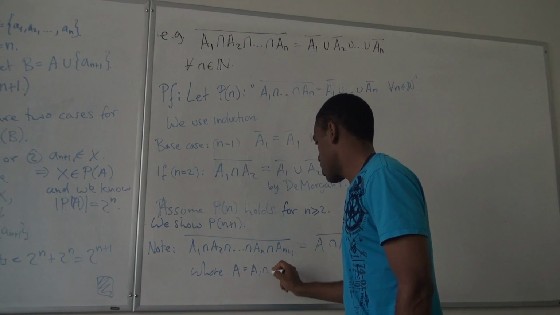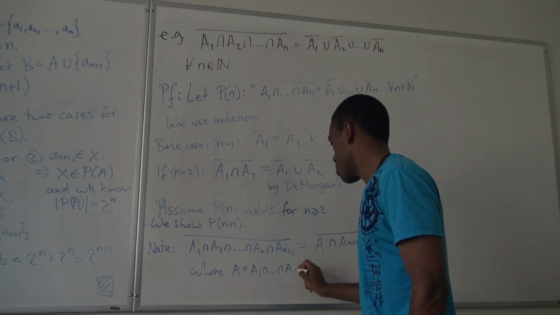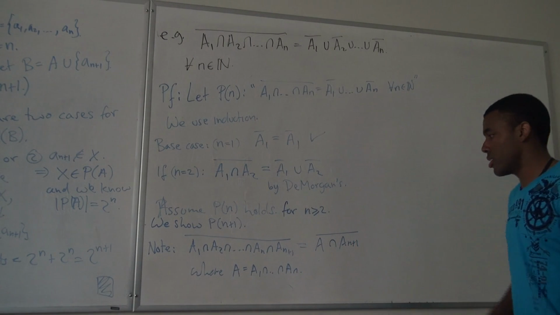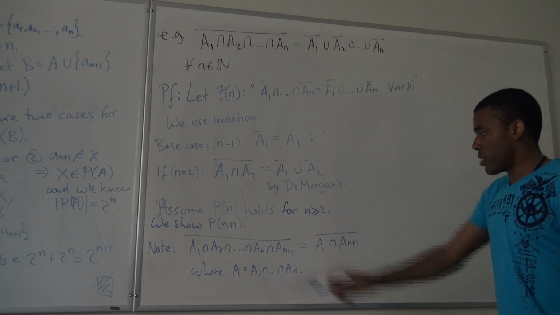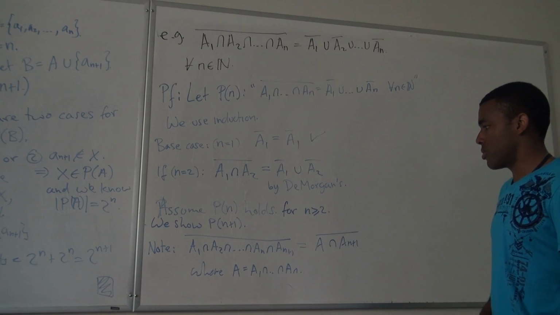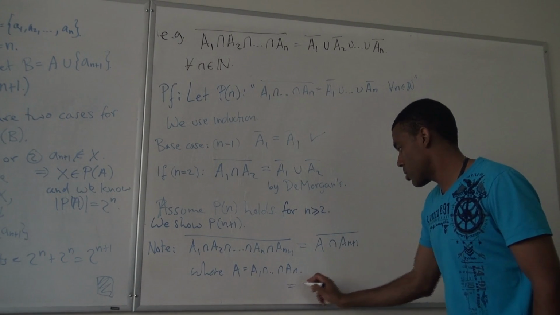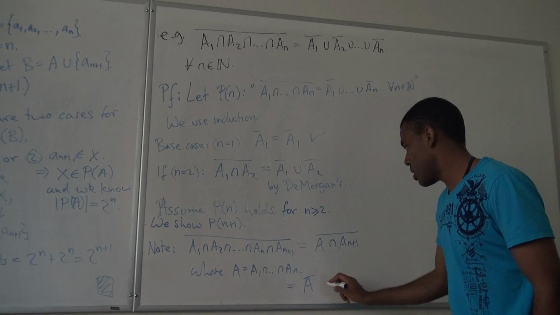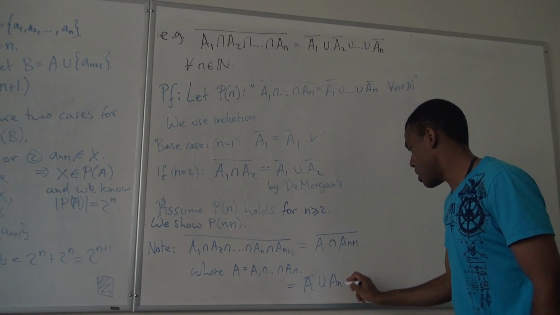Right, so the trick here is to realize that the intersection of a bunch of sets is just another set. Right? And then if I rewrite this as that, then what do we have? By De Morgan's law again, we have A union A n plus 1.